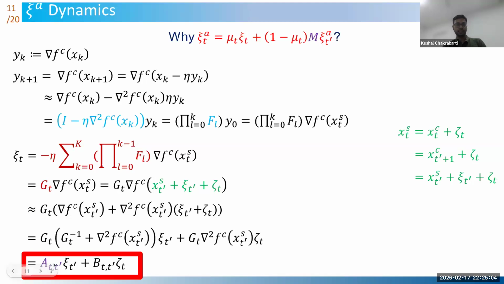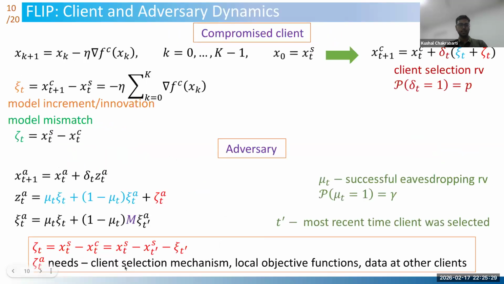We don't know how exactly the adversary will be able to do this, but we know that it follows this kind of dynamics. So we just take a simple matrix M, which we keep constant for now, as a proxy for this A, T, and T hat. Also, from the adversary's perspective, it is difficult to estimate zeta t, because as I mentioned, zeta t depends on the information at the server and also at the other clients, which this particular adversary model does not have access to.